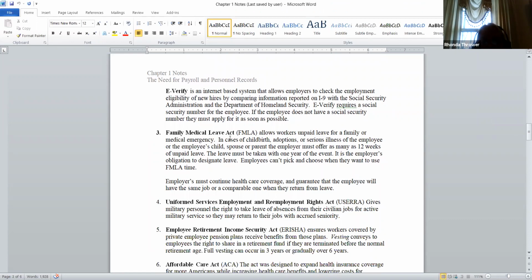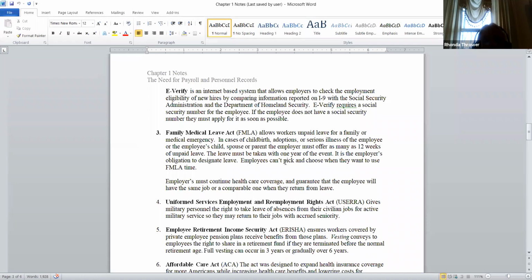Family Medical Leave Act is another federal act that was enacted that actually allows workers some unpaid leave for family or medical emergencies. In the cases of childbirth, adoptions of children, serious illness of the employee or the employee's child or spouse, or maybe you have a parent that's ill, the employer can offer as many as 12 weeks of unpaid leave.